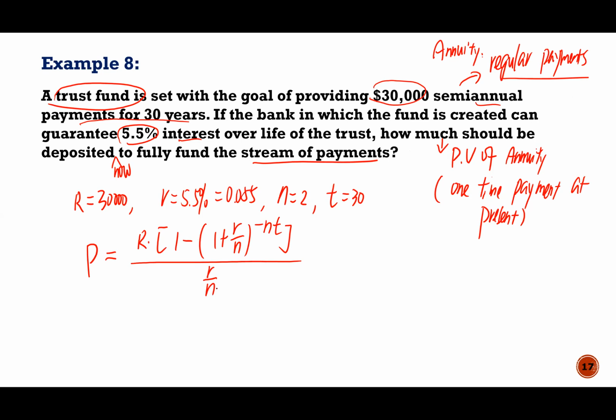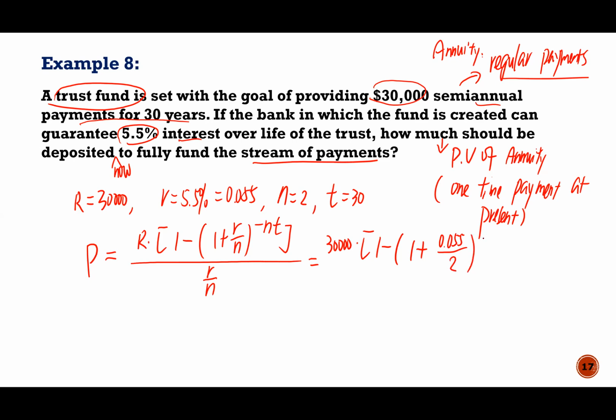Now, once you have the right formula, then we plug in the numbers. Let's see what that is. Okay, so it will be 30,000 times square bracket 1 minus 1 plus, the rate is 0.055 over 2, right? Because n equal to 2.